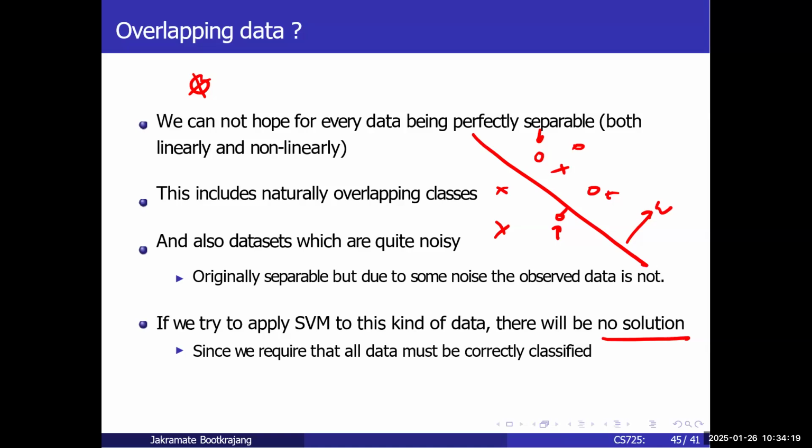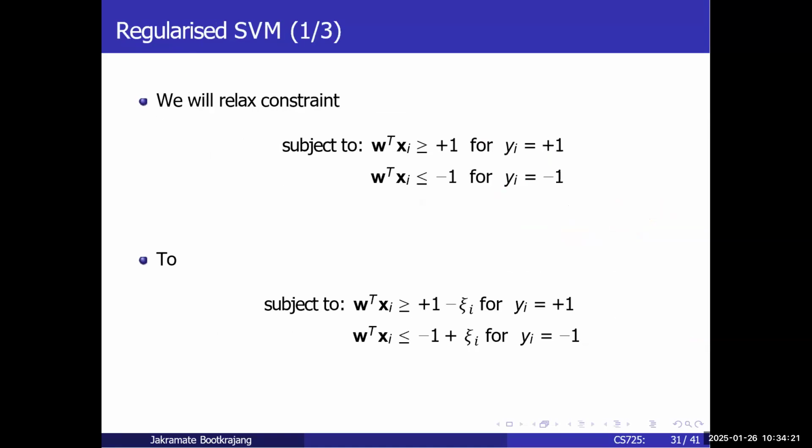And the way to relax the condition is to introduce more parameters, right? So before, our parameter was only W, right? We only needed to learn W, the decision boundary. But if the condition is too strict, you may not be able to find a line that can separate them. And so what happens is that we add this variable for each point.